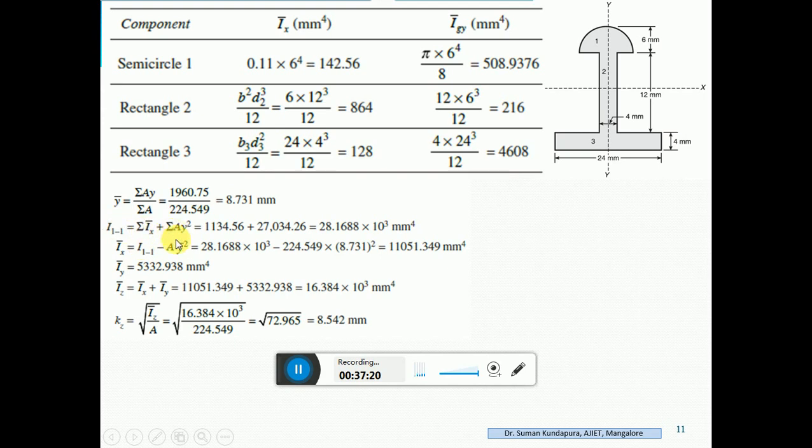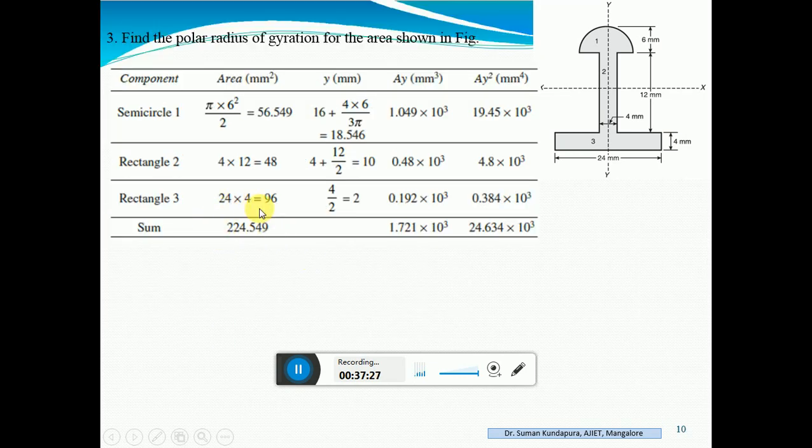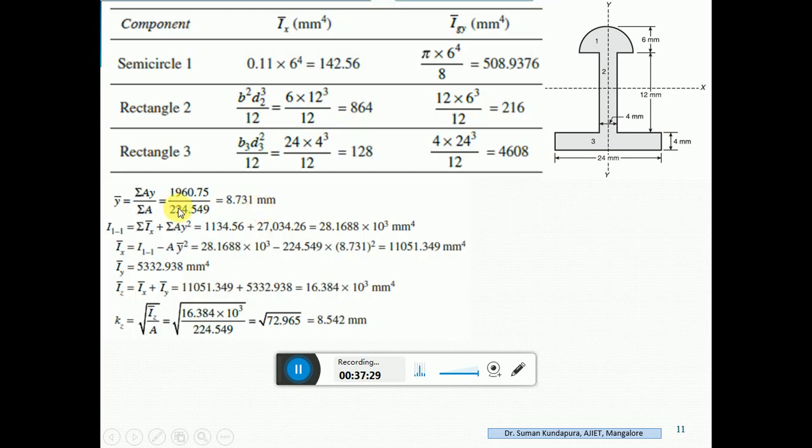From I11, I subtract A into Y bar square, where A is the total area and Y bar is what you found out here, 8.731 whole square. Subtracted from this value I11, you will get Ix bar, the centroidal moment of inertia about the centroidal x-axis. So we have found out Ix bar and Iy bar.